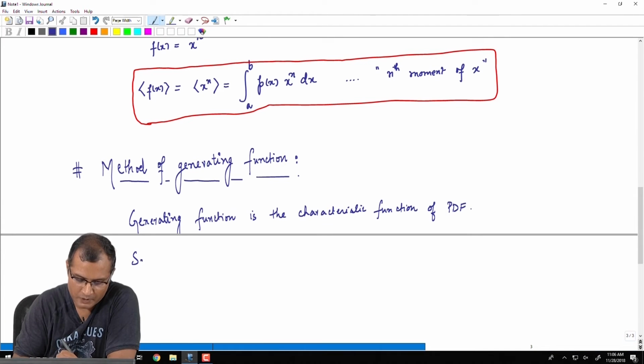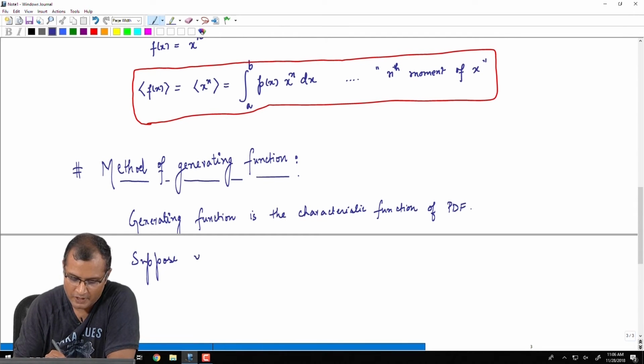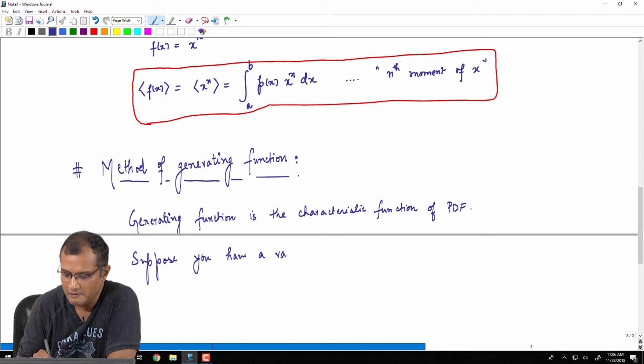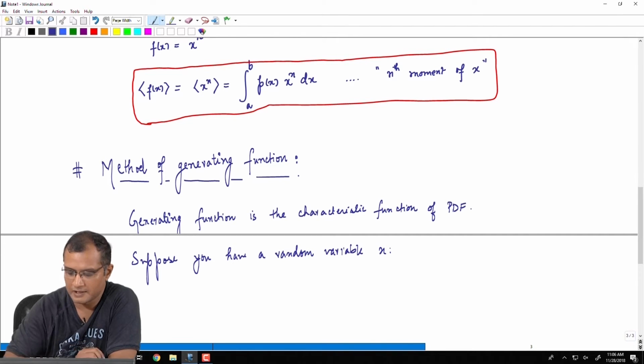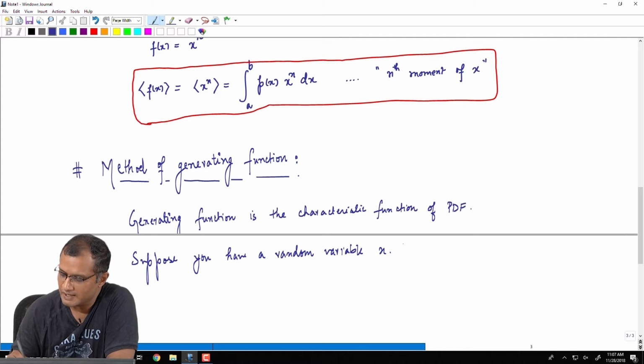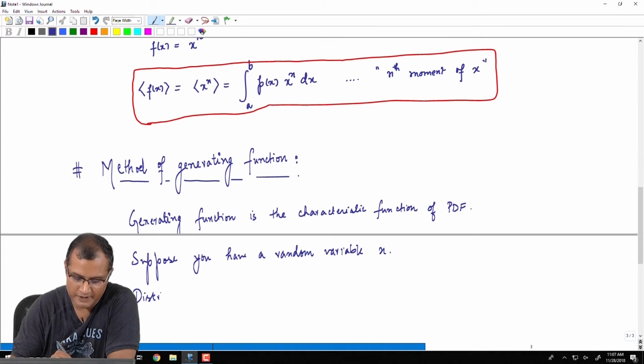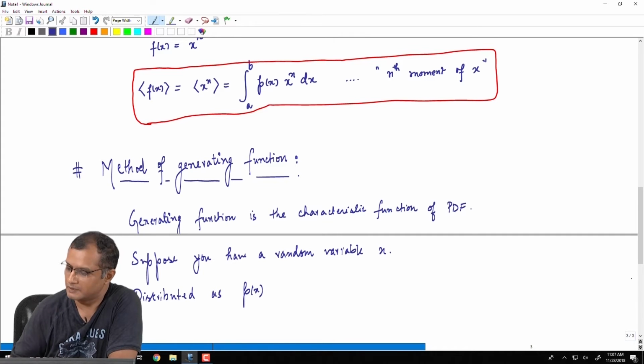So, suppose you start with, I will take an example, suppose you have a random variable x, okay, and the PDF of this random variable is p of x, okay.